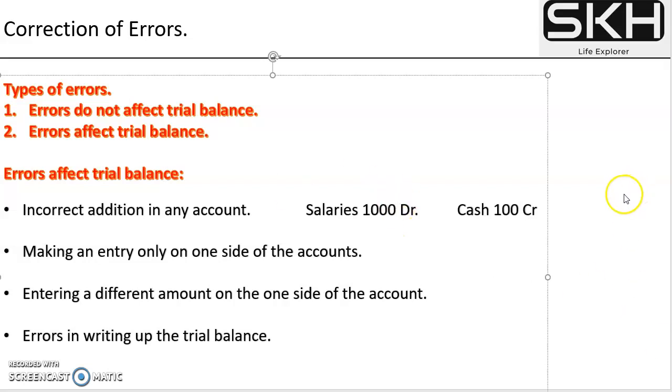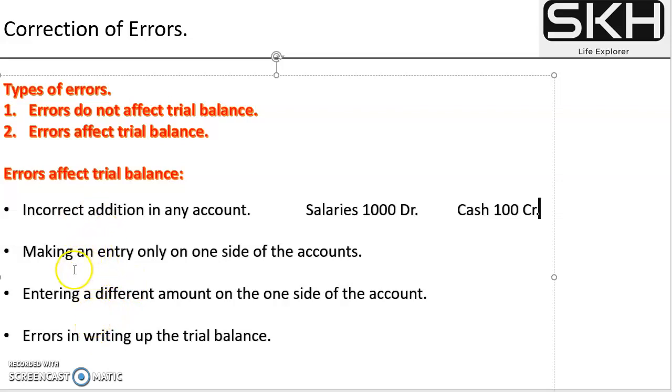Here you can see we have made an error in one account only, which is the cash account. The one account is recorded correctly. So whenever we make the trial balance, our trial balance will not be equal. I will further explain with the help of examples in this video as well.